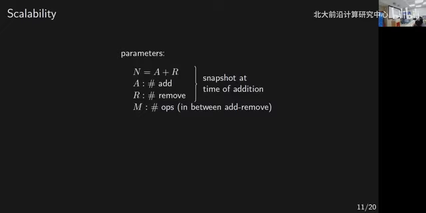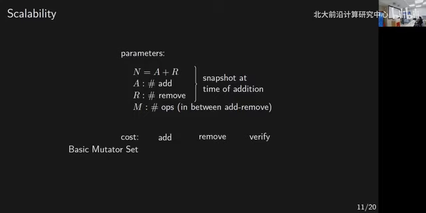Okay. Now let's look at scalability. We can look at how the threshold costs evolve as a function of parameters, and now we're looking at the number of additions and the number of removals at the time that the item was added, and the number of operations in between adding and removing.